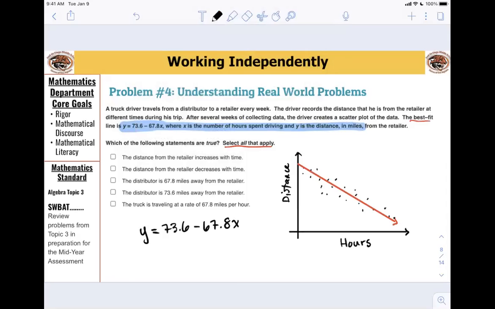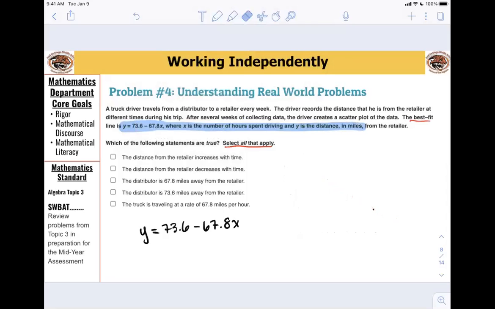So if I wanted it to look like y equals mx plus b, how would I rewrite it? Negative 67.8x plus 73.6. Yeah, so we just switch those numbers around. So it's negative 67.8x plus 73.6. Cool. Now it's in slope-intercept form. Now I can identify a couple of things.